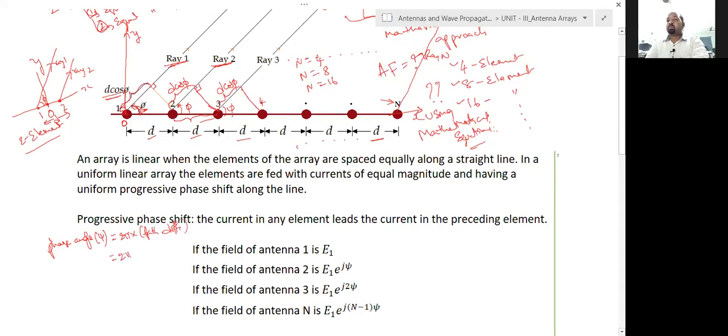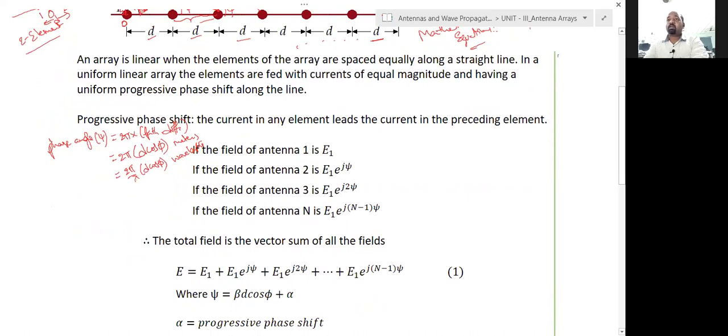So this is equal to 2 pi into D cos pi, where D is in meters, same as whatever we discussed in the 2 element array. This is equal to 2 pi by lambda D cos pi wavelengths. And what is 2 pi by lambda? It is beta. So beta D cos pi is the phase angle psi.